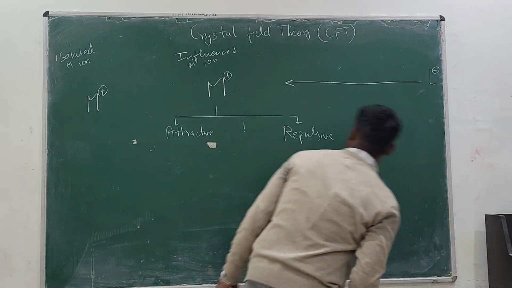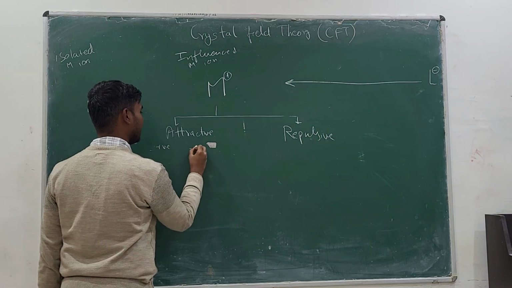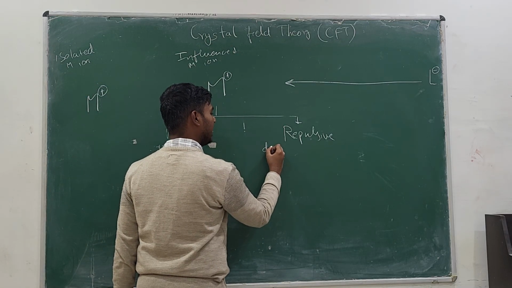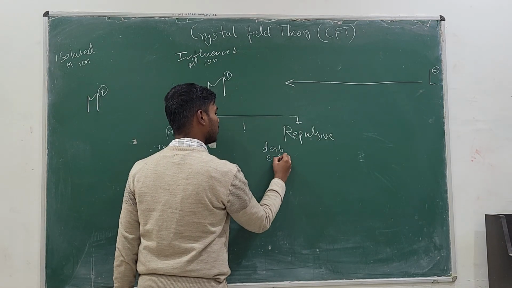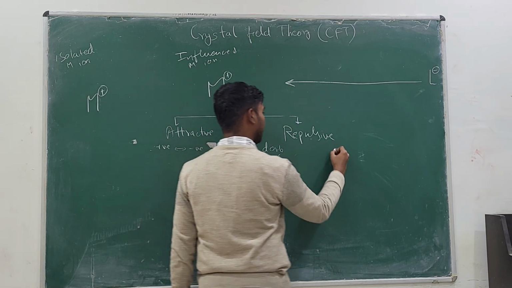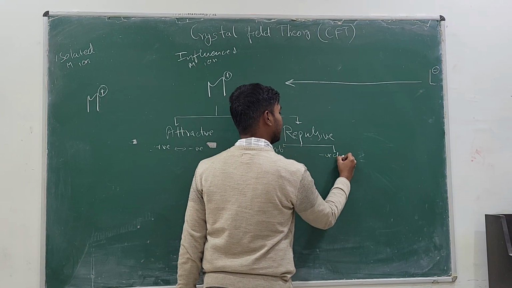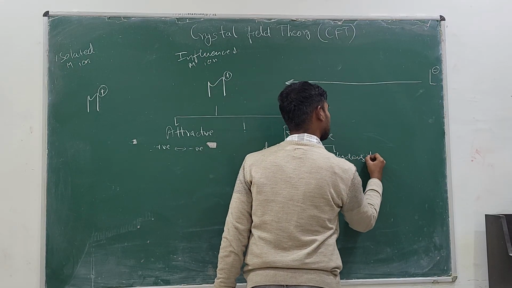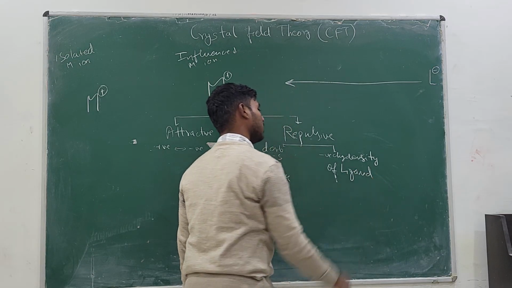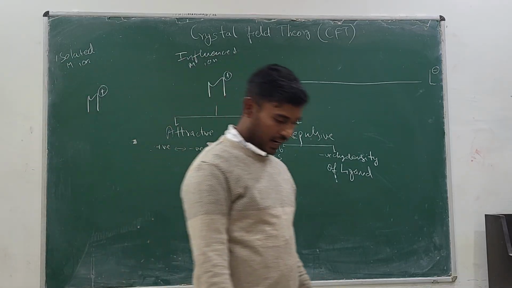Attractive forces are between the positive charge of the metal and the negative charge of the ligand, whereas repulsive forces are between the d orbital electrons, which are our valence electrons, and the negative charge density of the ligand. So there are attractive forces as well as repulsive forces between the metal ion and the ligand.